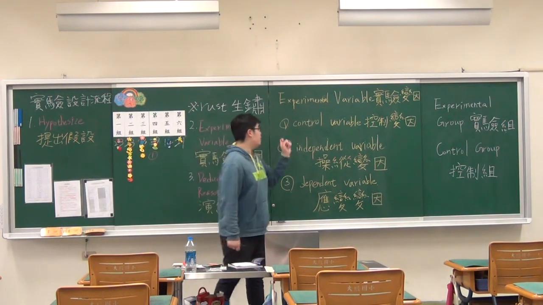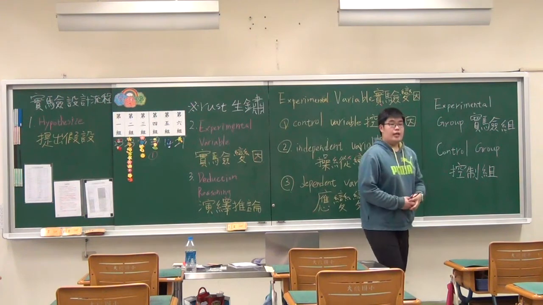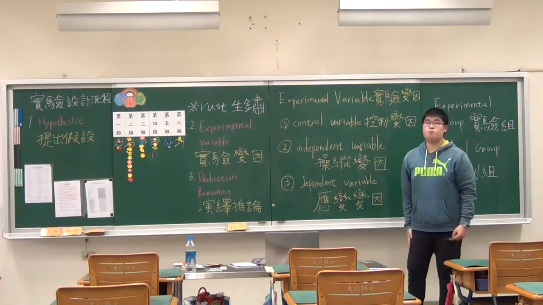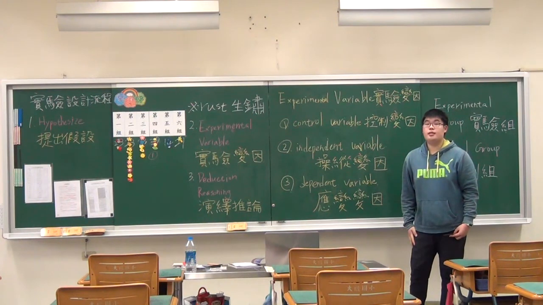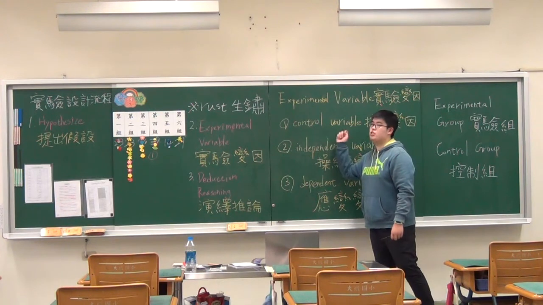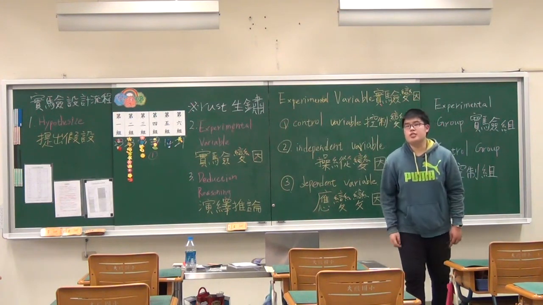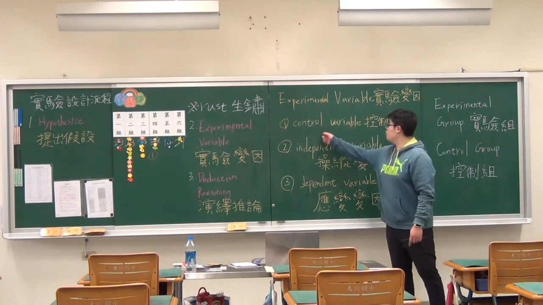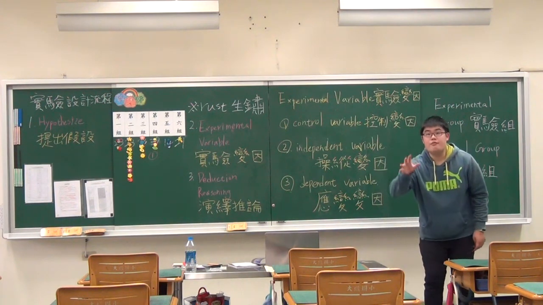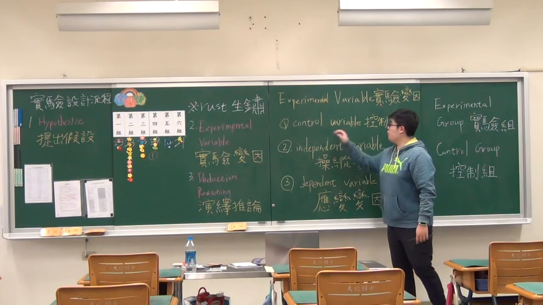The first point is control variable, and there are 2 points on the control variable. The first point is it can't be changed. So the condition can't be changed in a control variable. The second point of it is it has several kinds of control variables.